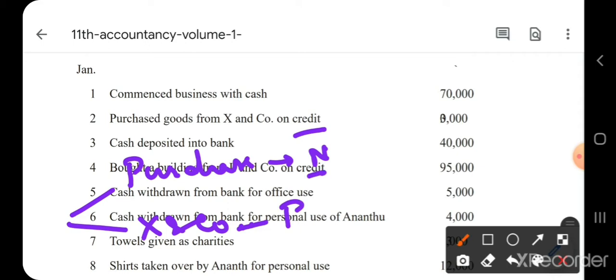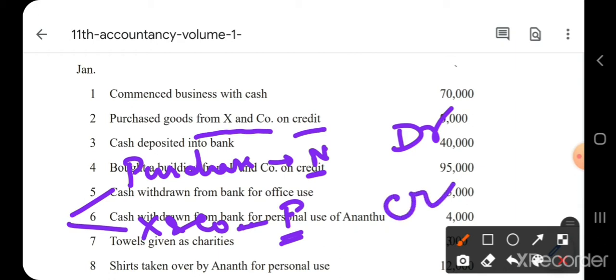Now purchase, the nominal account, what is the rule? Debit all expenses and losses. Purchase, when you purchase something, it is an expense for you, so you debit purchase. Okay, for personal account, what is the rule? Credit the giver. Who is the giver here? From X and company. So X and company is giving the goods, so credit the giver. So the entry is purchase account debit to X and company account.